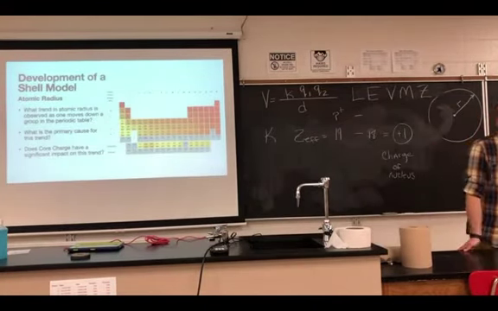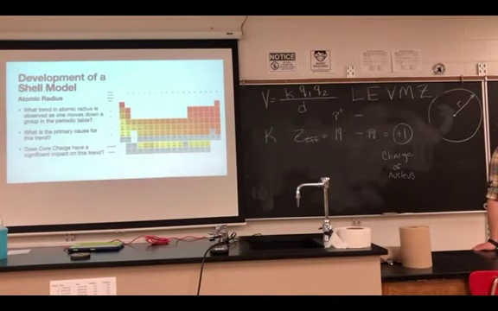Now, if I told you that as you go down, the elements further down in a group, so if we're talking about group 1, rubidium, cesium, francium, if I told you that those elements actually get bigger than what you would predict, what would be the reason why?